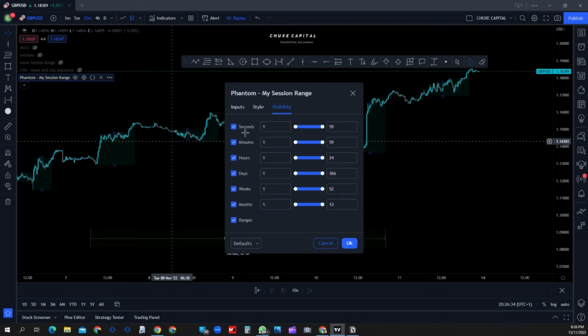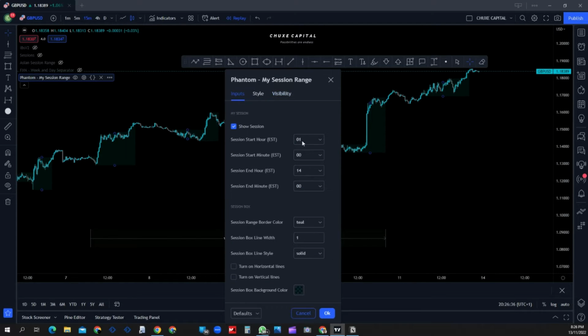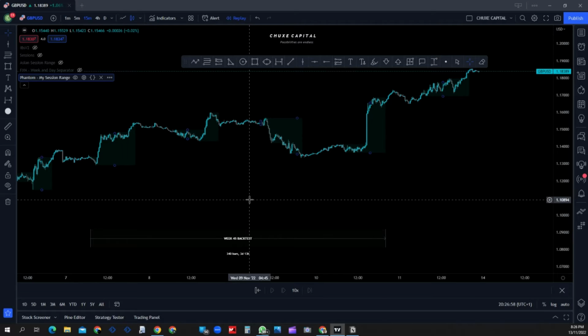When you go to the settings, it is usually EST time that it uses, but knowing the time difference between EST and what we use here in Nigeria, we're about 6 hours ahead. So just put in the session start hour and session end hour, and that's that.